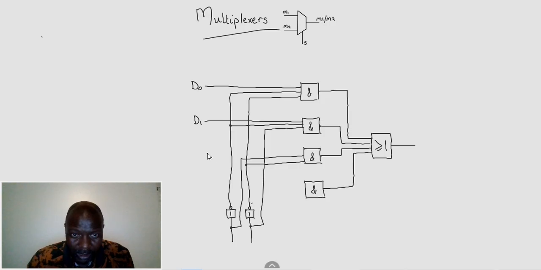And then this will allow the third input. These are supposed to be straight lines. I'm trying to make sure I don't take too long. And finally the last one will be 1 1. Direct lines here will open that gate there, so that, okay, we have D3 there.